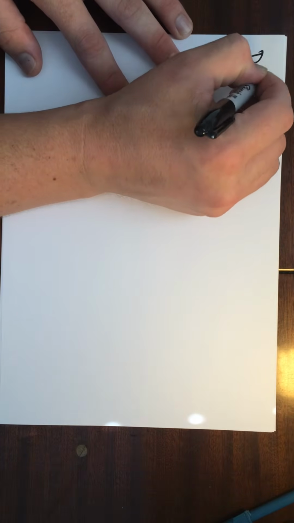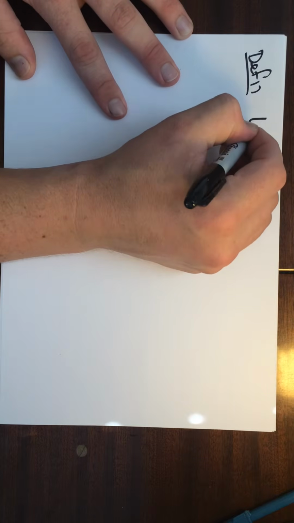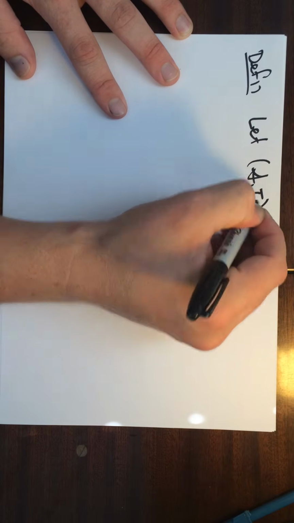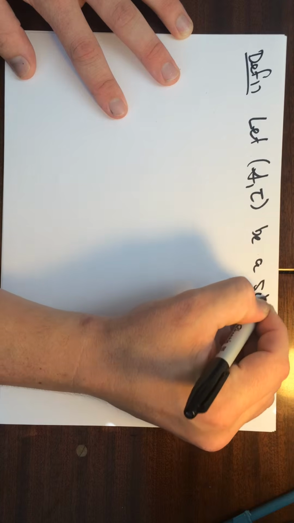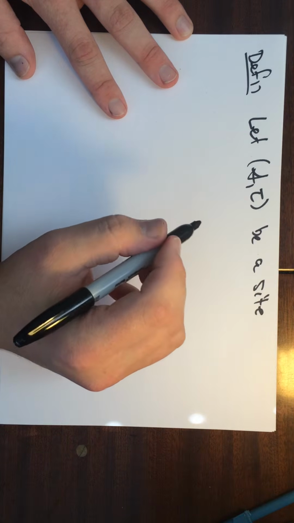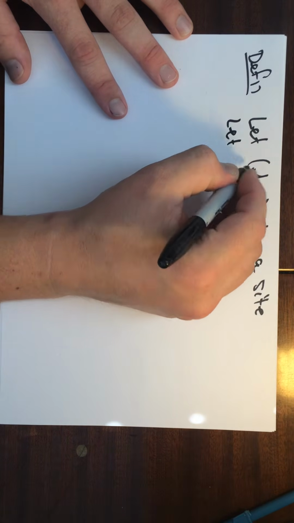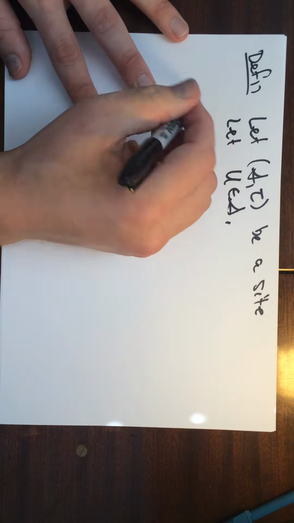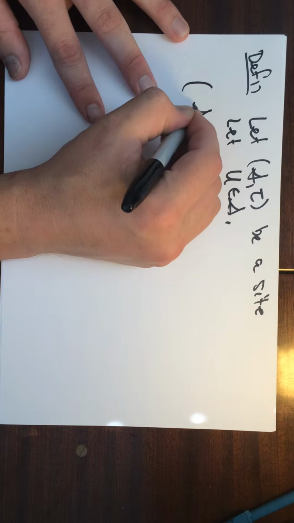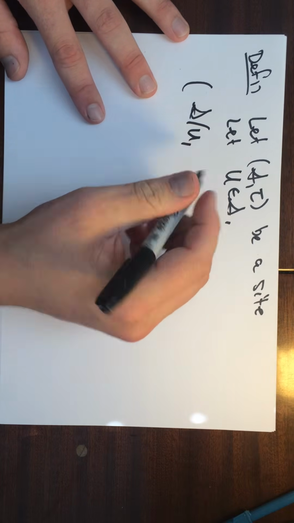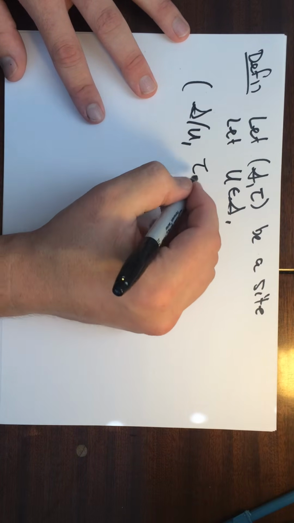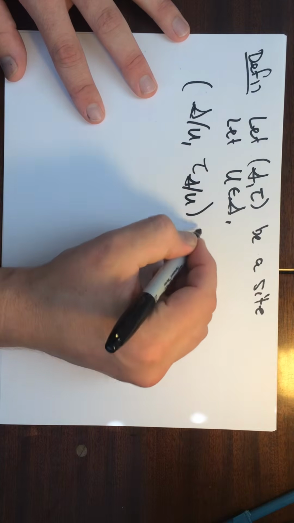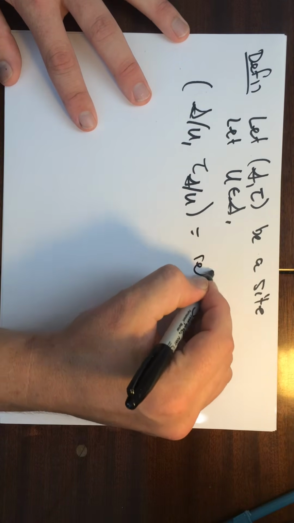So here's a definition. Let C be a site. So this is a category, this is the Grothendieck topology. We're going to take an object of the category, and we're going to define this kind of relativized topology here. So this is the relativized site.